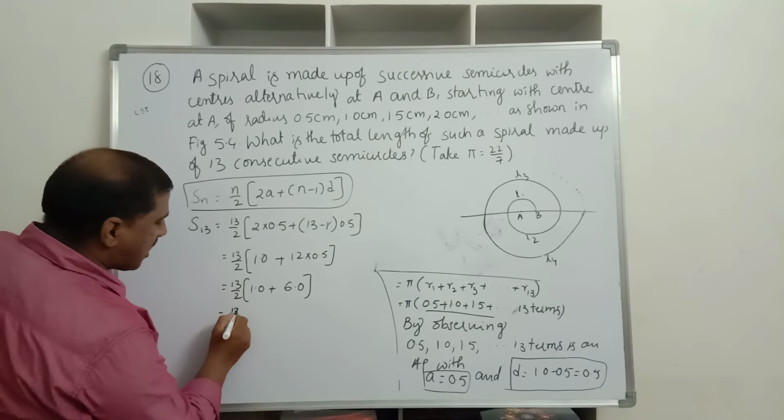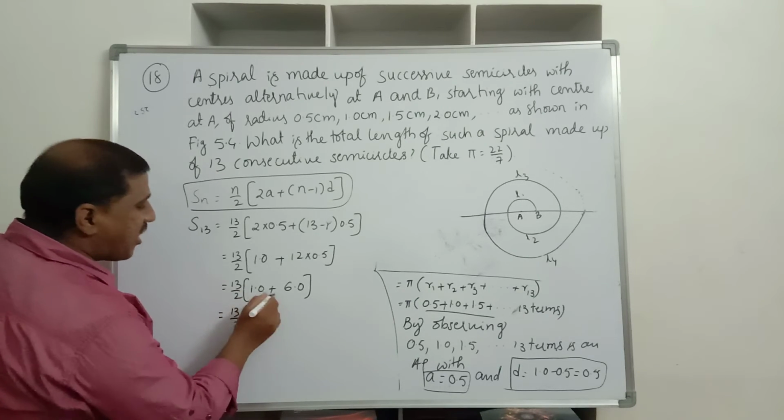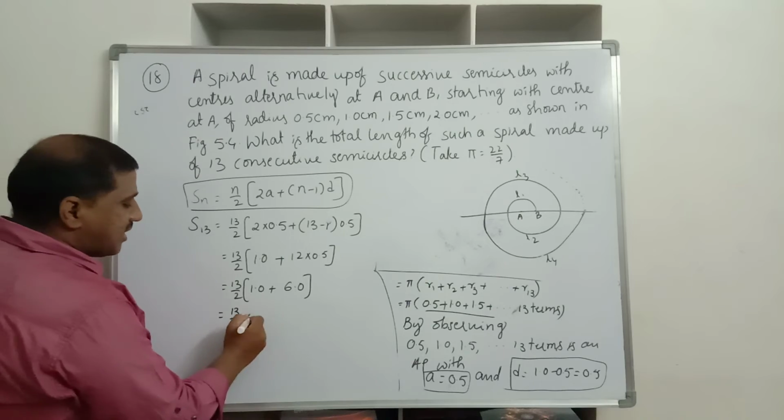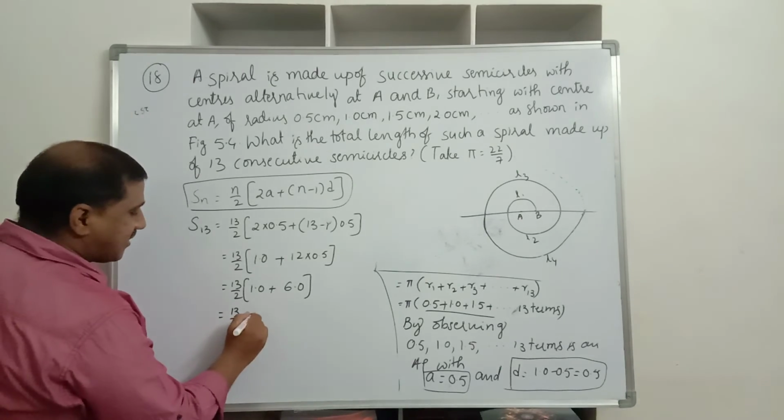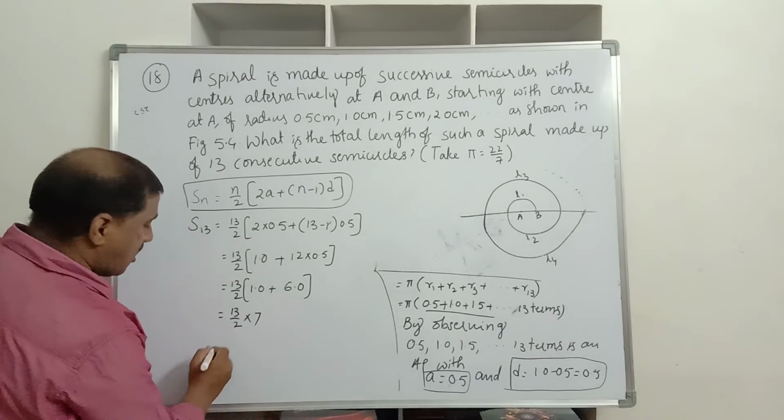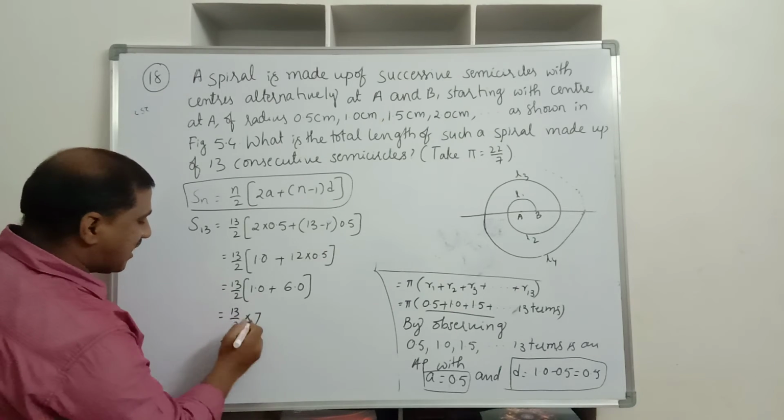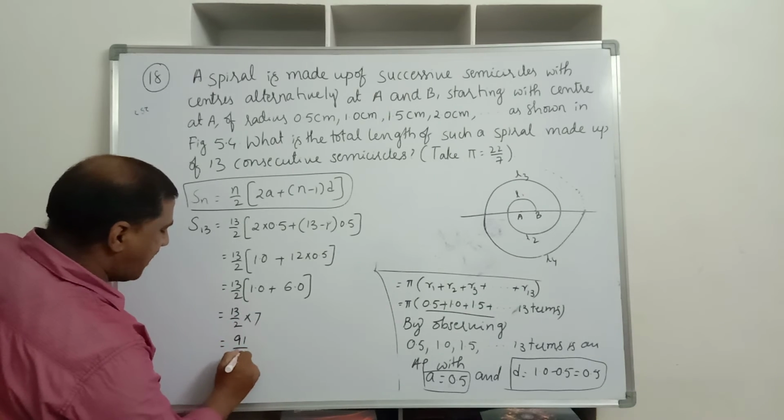That is 13 by 2 into (1.0 plus 6.0), which is 7.0, or simply 7. So now 13 into 7, 13 sevens are 91, by 2.